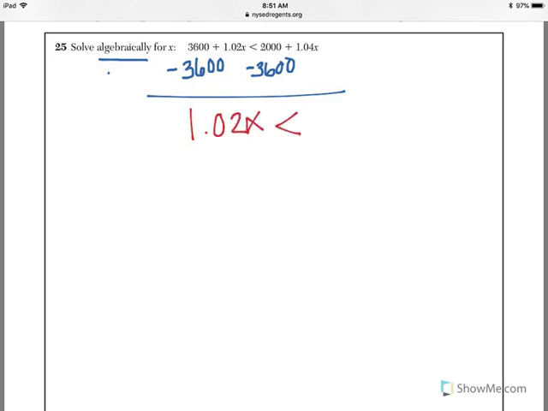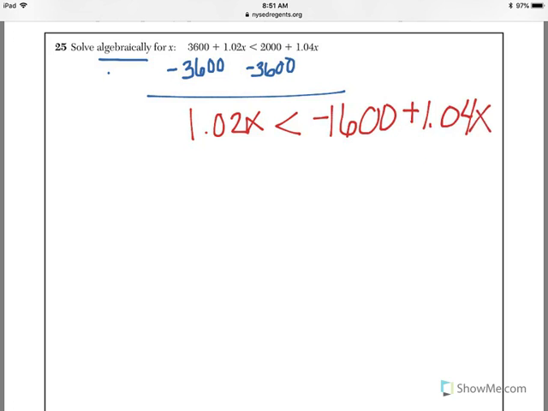So in order to get x alone, we should subtract both sides by 3600. And we're going to have 1.02x is less than negative 1600 plus 1.04x.